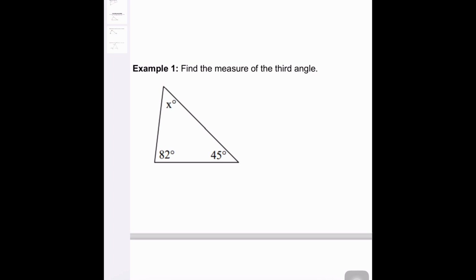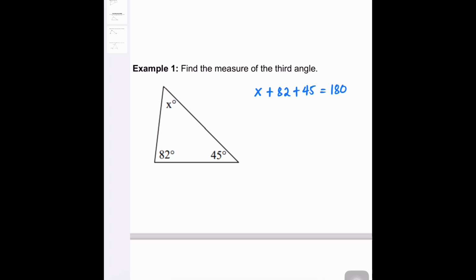So applying the concept of the triangle sum theorem, our equation will be x plus 82 plus 45 is equal to 180.